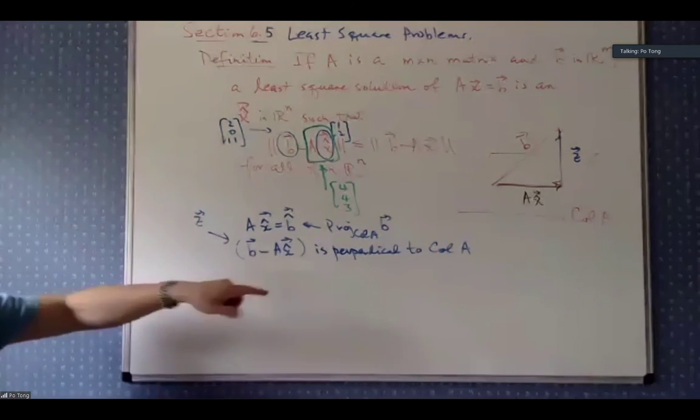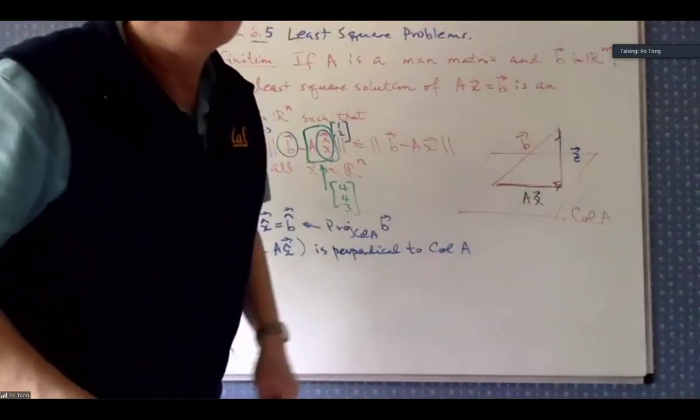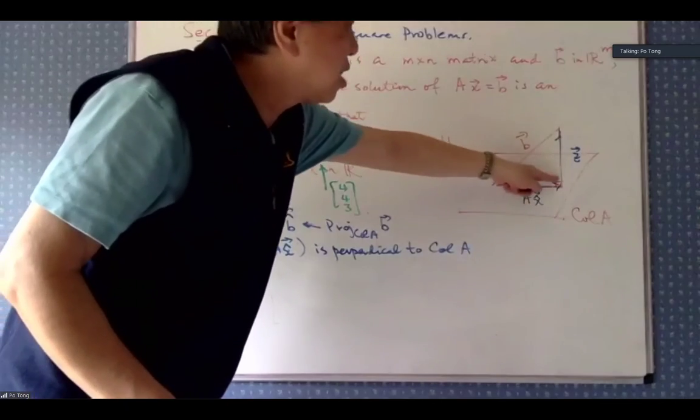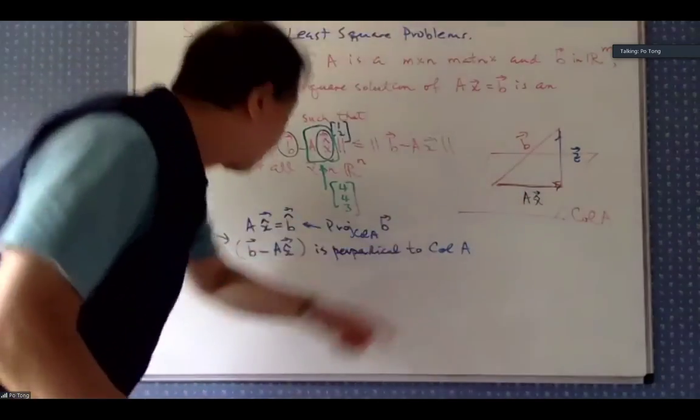So this difference is this vector, which is essentially the error vector. So this guy is in W perp, where W is the column space, so it's perpendicular to the column space of A.